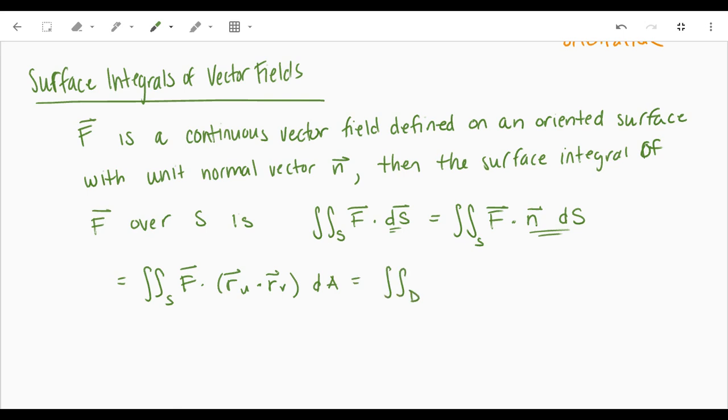These are all equivalent expressions: negative P dg/dx minus Q dg/dy plus R, and we could technically do dg/dz, but this is back to the same idea where g of x, y is z.